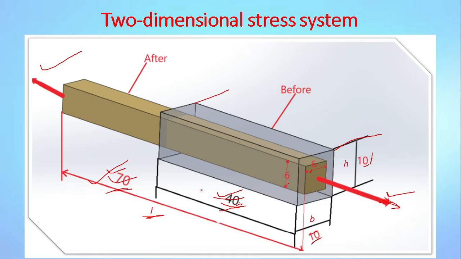So lateral strain is equal to change in lateral dimension to the original dimension. Before application of force the lateral dimension or breadth is 10, and after application of force it becomes 6. So the change in breadth is 4 mm.